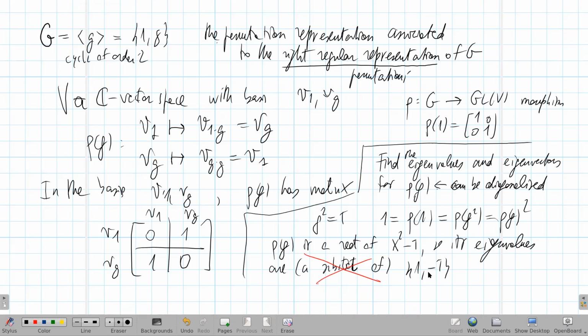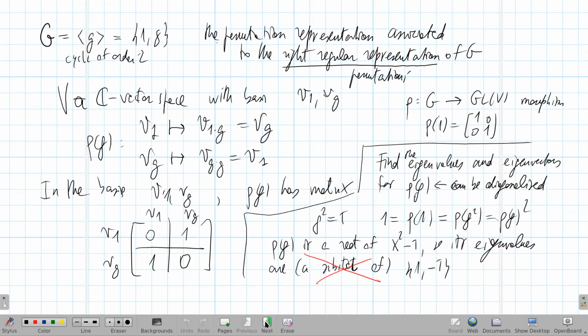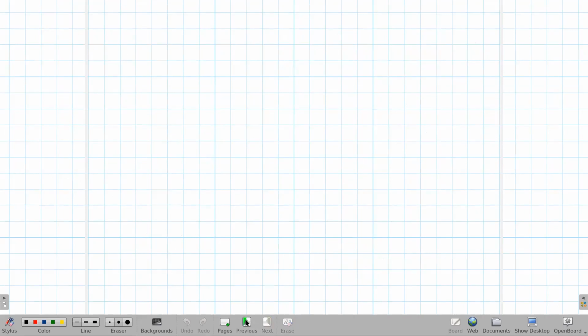And I'll just tell you what they are. And then, as I said, you can do the exercise of finding them with a standard method, which is solving a linear system, and this is rather simple. So you simply consider V1 plus Vg, okay?